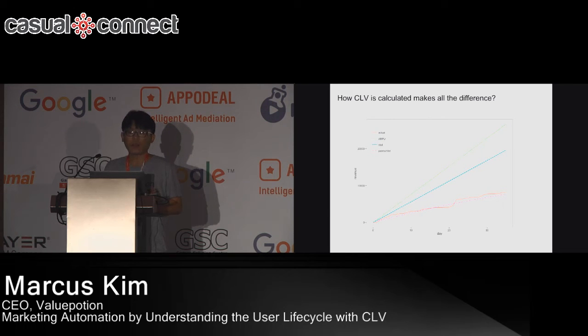There have been various studies to predict customer lifetime value, and we tested a few models. See this graph. This graph shows those prediction models. The red line is the real revenue data. The other three lines are the predicted data of three different customer lifetime value prediction models.